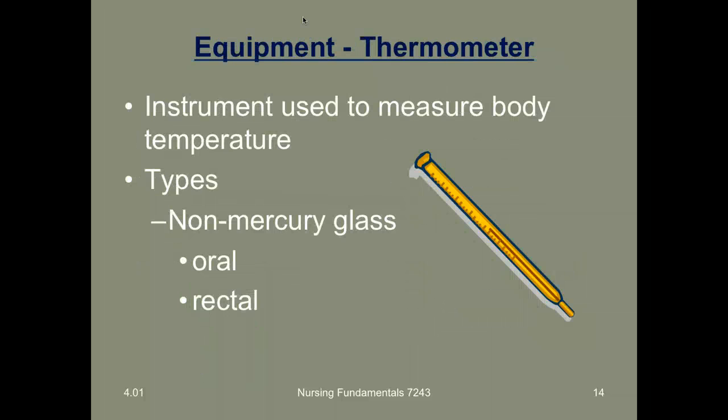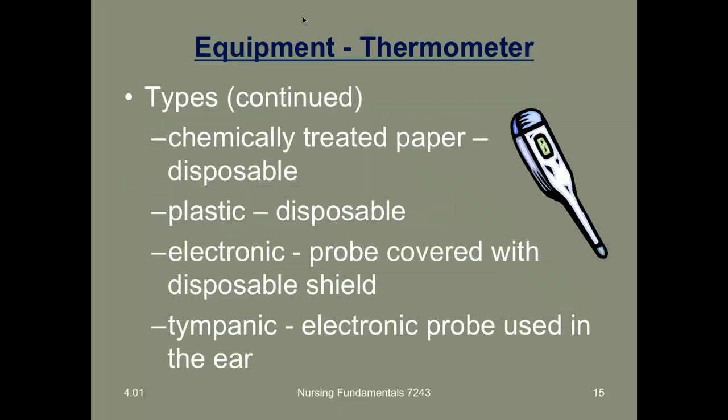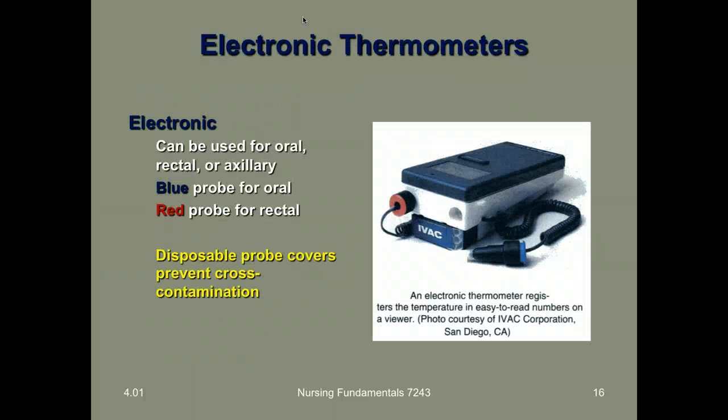The instruments used to measure body temperature are the oral thermometer and the rectal thermometer, which are non-mercury and made of glass; chemically treated paper, which is disposable; plastic disposable thermometers; electronic with a probe covered with a disposable shield; and tympanic, an electronic probe used in the ear.